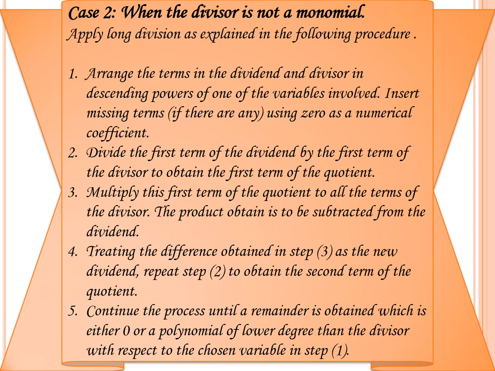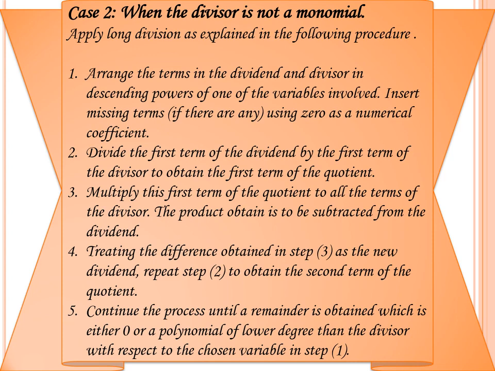Okay, and after that, we will have our step 3. We're going to multiply this first term of the quotient to all the terms of the divisor. The product obtained is to be subtracted from the dividend. And the step 4 is treating the difference obtained in step 3 as the new dividend.